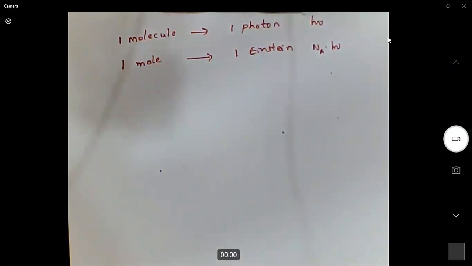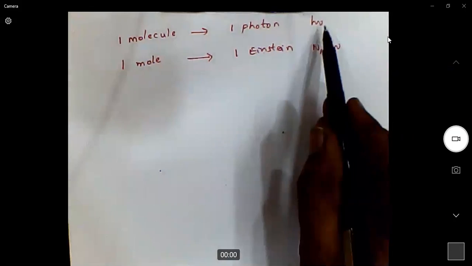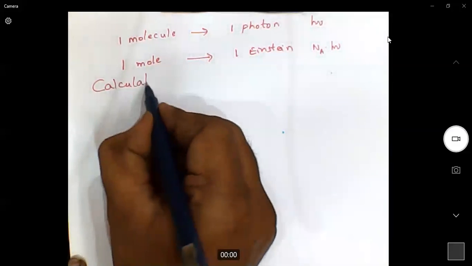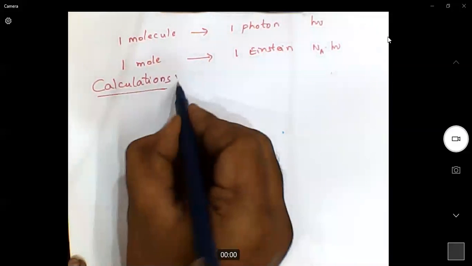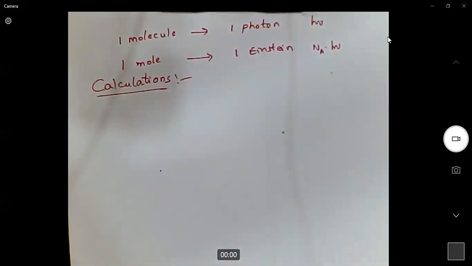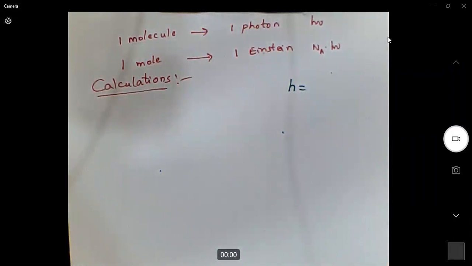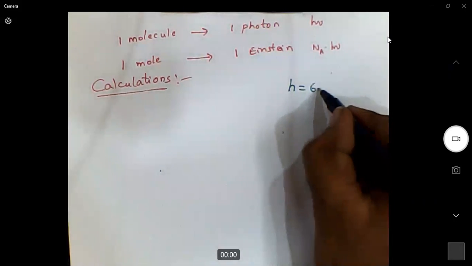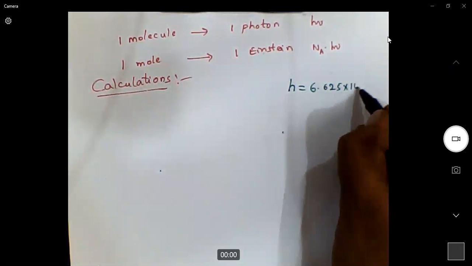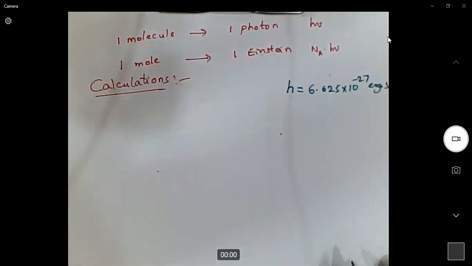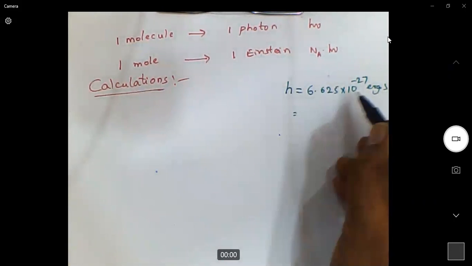For simplicity, we will simplify these two calculations. What is h? h is Planck's constant, whose value is 6.625 into 10 power minus 27 erg second in CGS units.